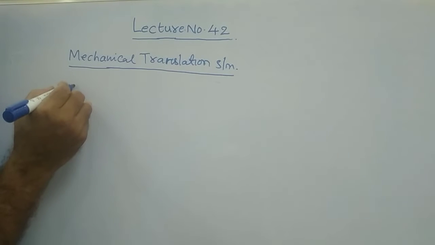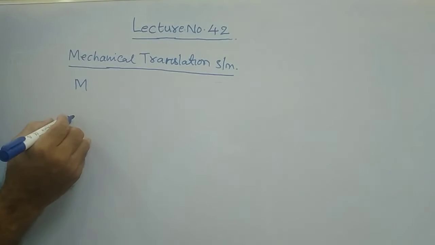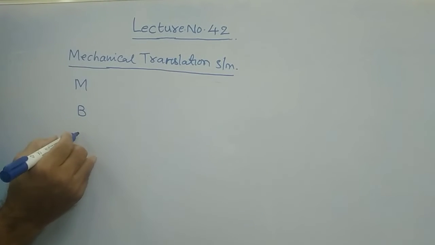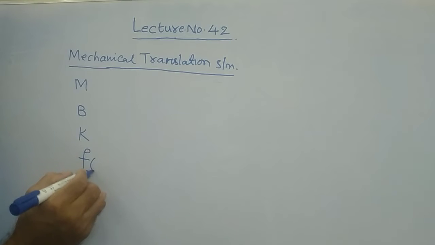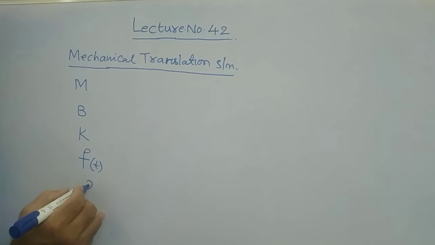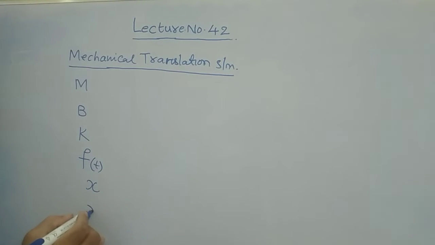So what are the elements here? Basically the mass element M, your friction element B, your spring constant K, and your force F, or F of t, and similarly your displacement x, and x dot, which is dx by dt. Actually x dot is nothing but the first derivative, dx by dt, which is basically velocity. Clear? These are the basic things normally.